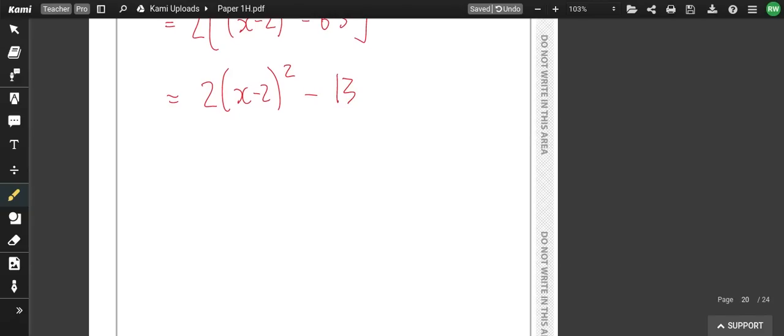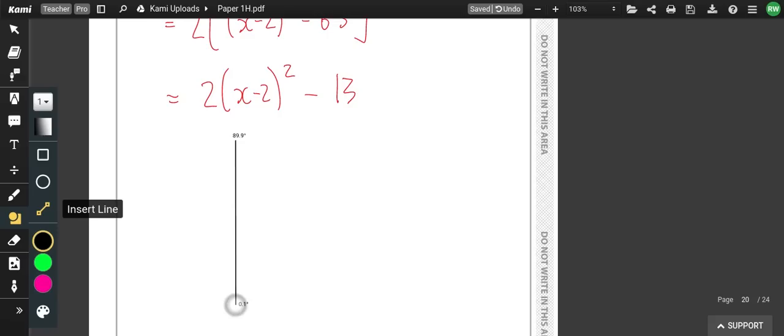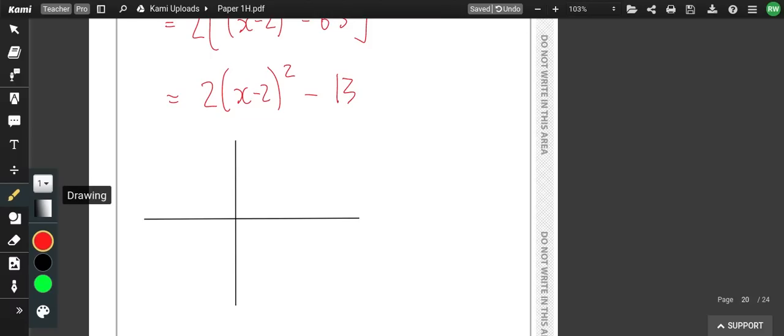So remember, when you complete the square, that will give you the coordinates of the turning point. So the coordinate of the turning point is the opposite of this number here, so positive 2, and the negative 13 is the y coordinate, so it's going to be down here at (2, negative 13). That's the turning point.